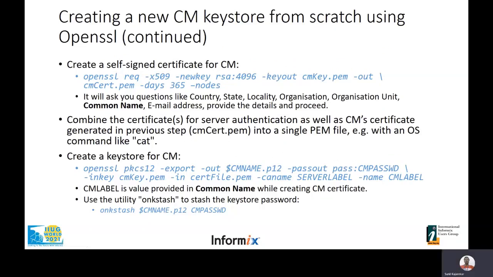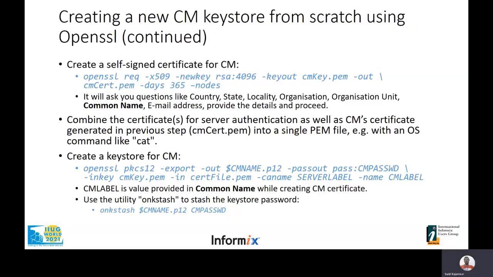In this case, the CM label is the value provided in the common name in the above command while creating the CM certificate. With this command, the actual key store for the connection manager is created.